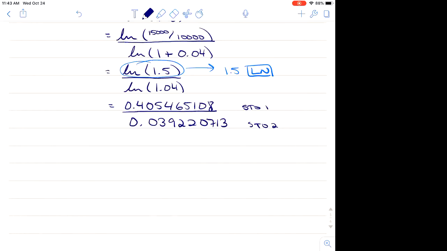So now I want to recall 1 divided by recall 2. I get 10.33803507. And that's our n. So I stored 0.405 in 1, and then I stored 0.0392 in 2.